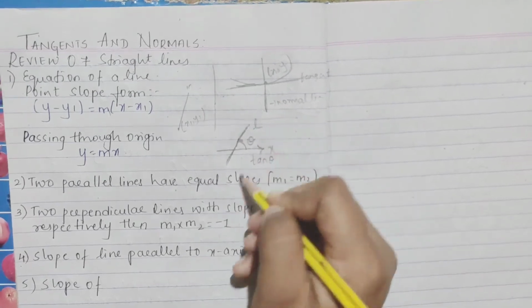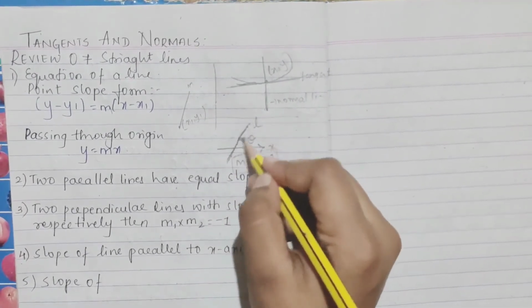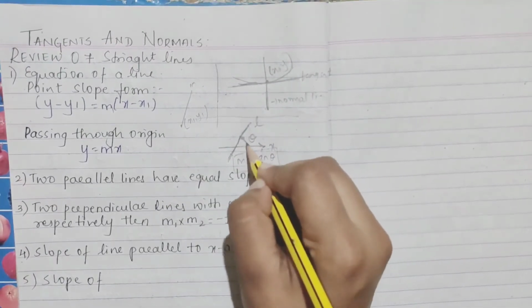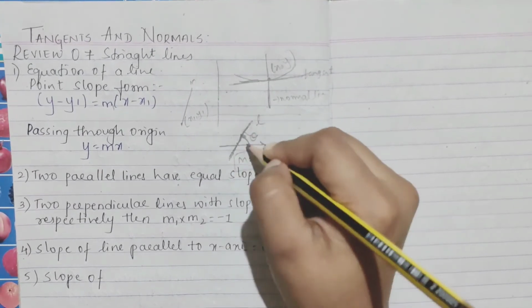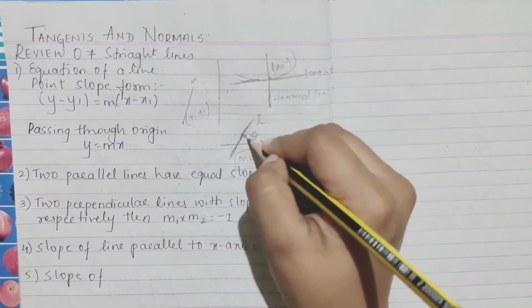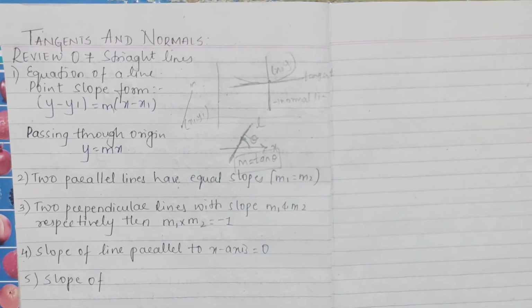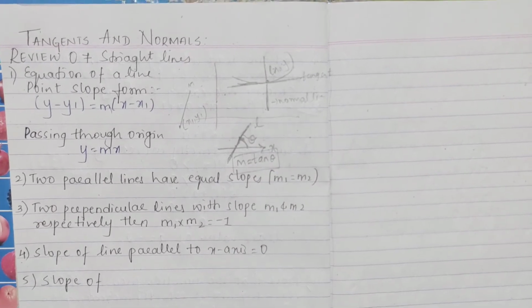So for this line L, m is equal to tan theta. A line making an angle theta anti-clockwise with the x-axis has slope m is equal to tan theta.